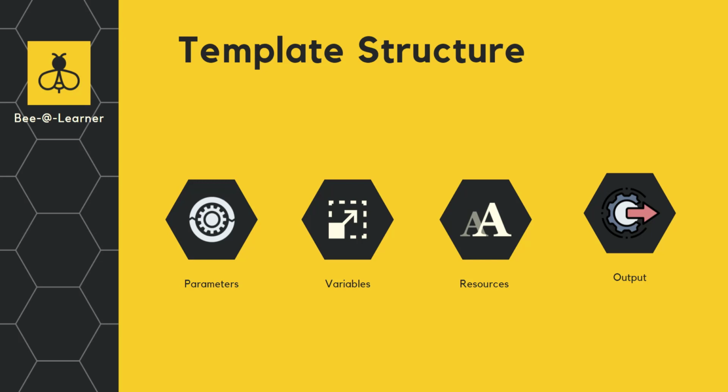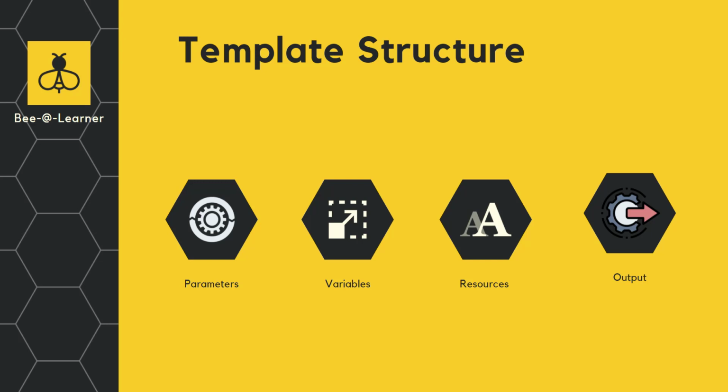And next you have the output variables, which you can use within the ARM template if you would like to return any output attribute as a result of your ARM template execution. For example, I may want to return the primary key of the storage account after provisioning the storage account with the help of my ARM template.